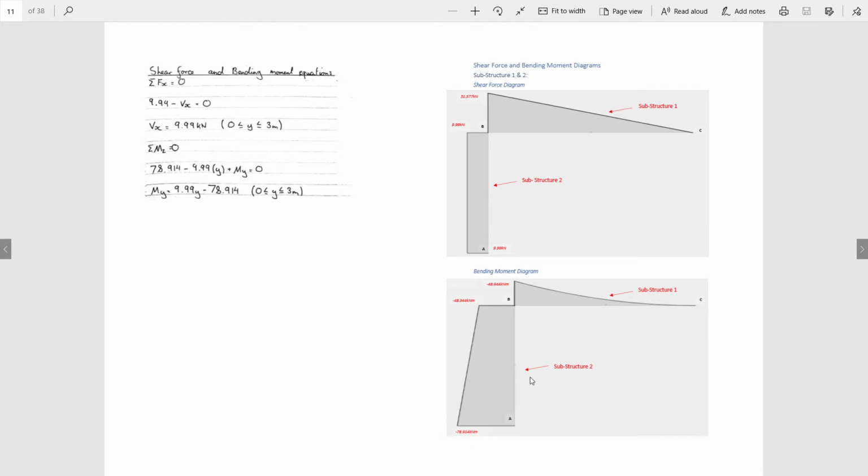Now, this is where I had to use a little initiative, because from just a general physics point of view, you would think, oh, well, substructure 2 is now what we're going to analyze. But no, we know that there's going to be more load on substructure 1. Therefore, I've chosen to work out both substructure 1 and 2 so I can compare, as opposed to just working out substructure 2 as would be fit in this case.